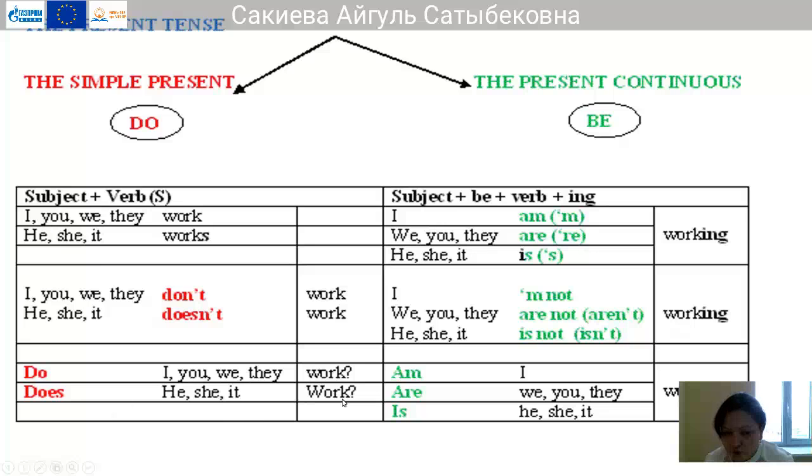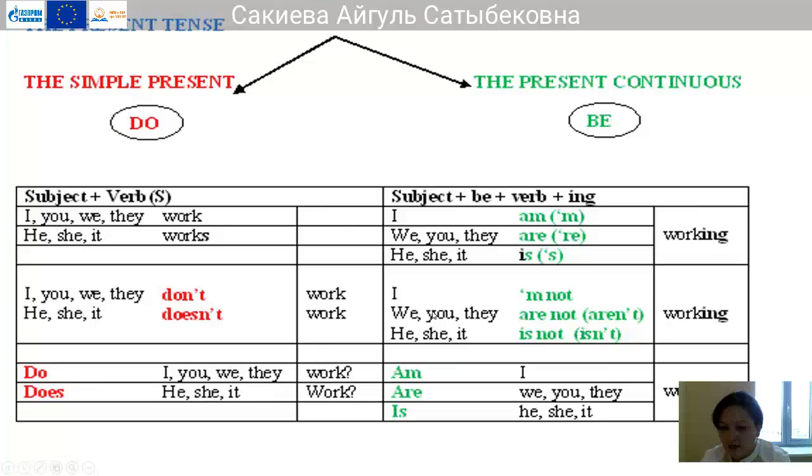I know that you already had these grammar topics, but it's a kind of consolidation, yes? And we are comparing these tenses together. Okay, and as I have just said, the present continuous always takes the verb to be, and of course we need to use to be everywhere, in positive sentences. I'm, we are, you are, they are working, he, she is working, for example.